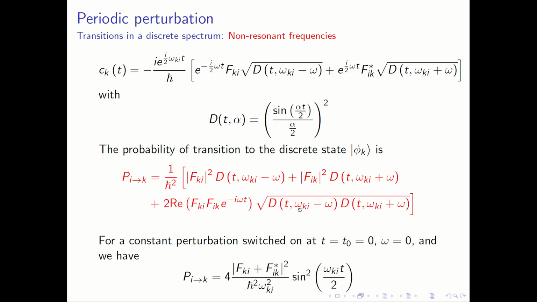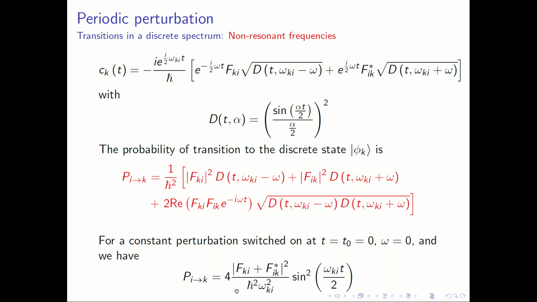Now for that, when omega is 0, it's easy to see that all these d's have the same value. This d is d of t comma omega ki, this is also the same. The square root of the product is also d of t comma omega ki, so you can take everything out, and it's perhaps even better to do it at the level of CKT directly for the calculation and then take the mod square.